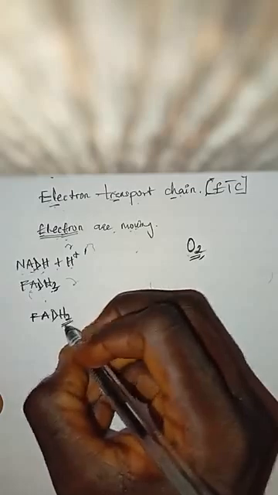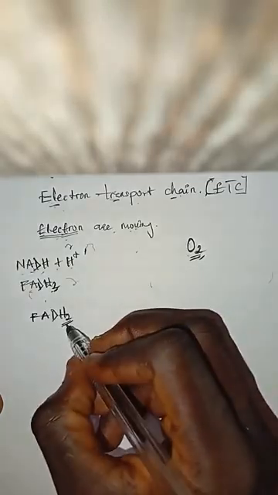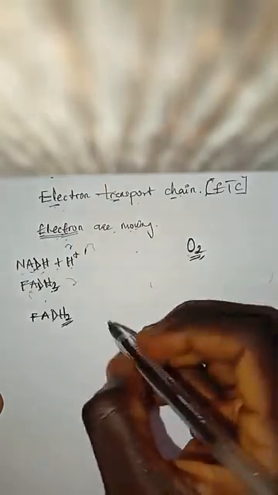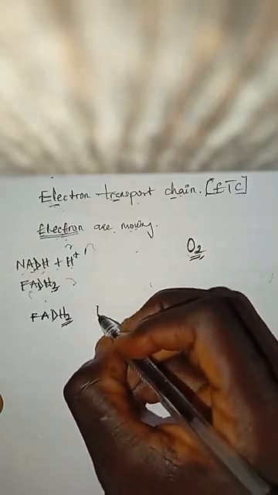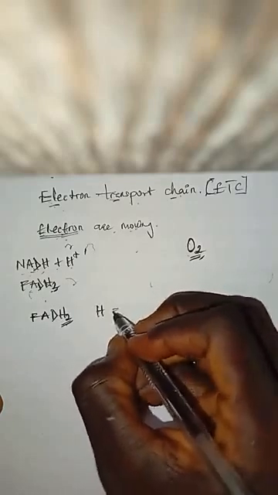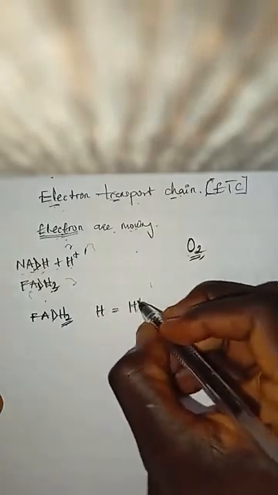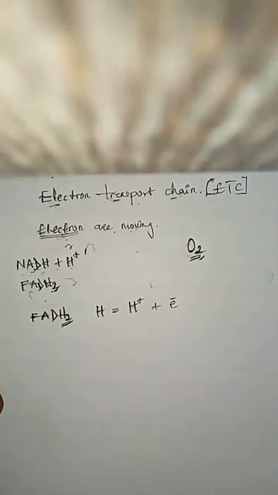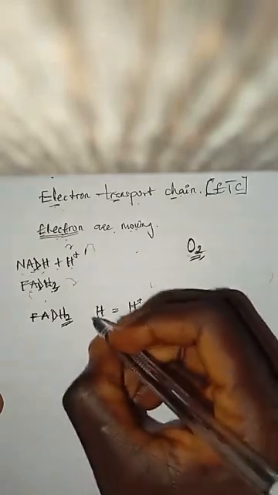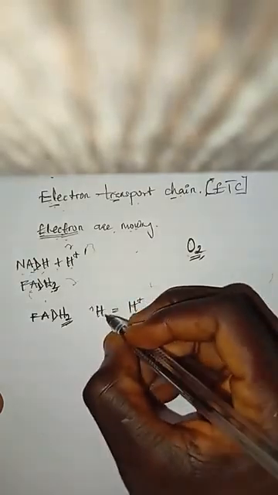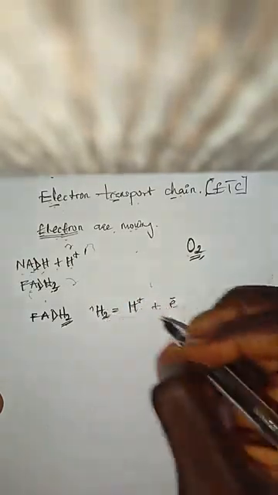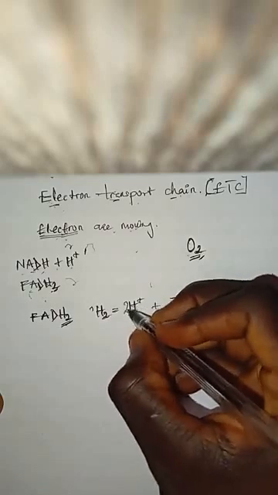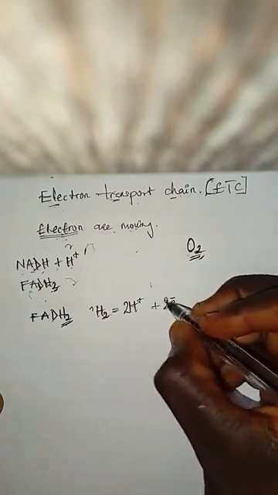In these 2 hydrogen, this H2, the electrons are in this place. We all know that one hydrogen atom is equal to 1 proton plus 1 electron. So if we have H2, it will be 2 protons and 2 electrons.